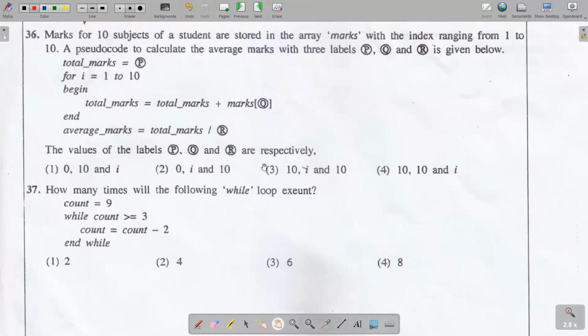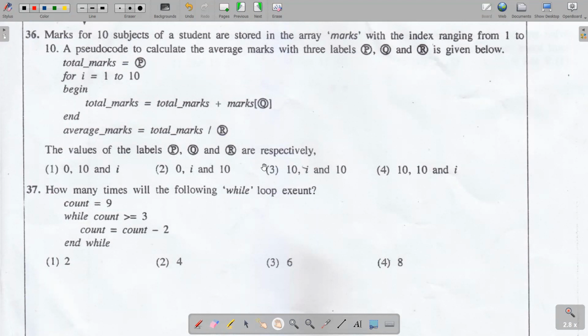So it's a programming question. Marks for 10 subjects of a student are stored in the array marks with the index ranging from 1 to 10. A pseudocode to calculate the average marks with 3 labels, P, Q, and R is given below. They're asking what P, Q, and R are.